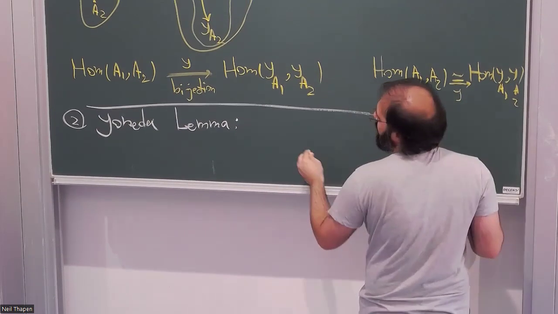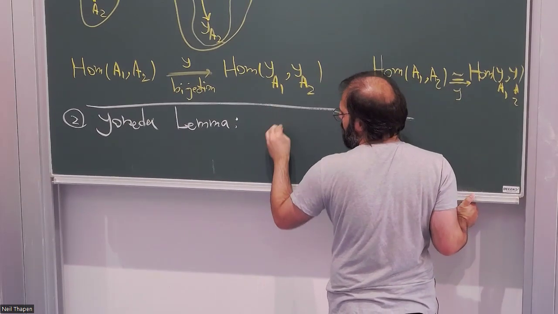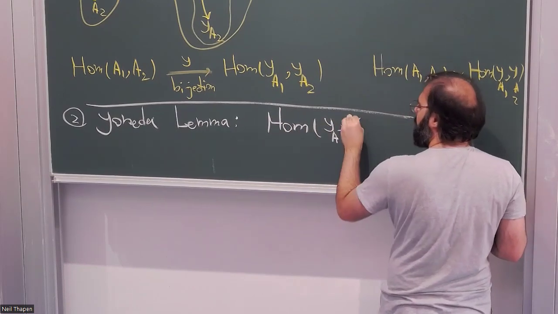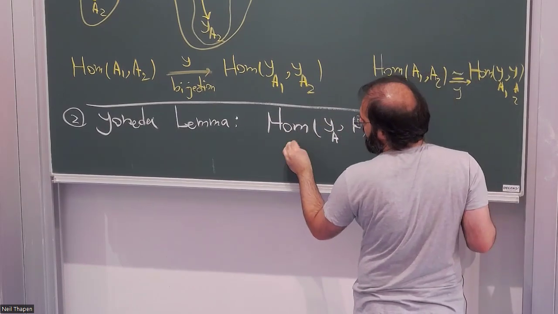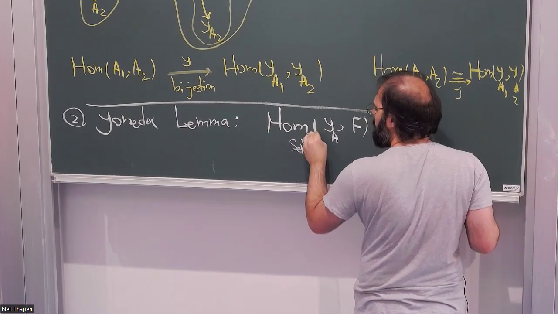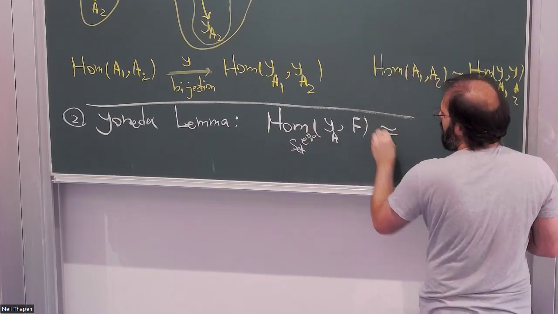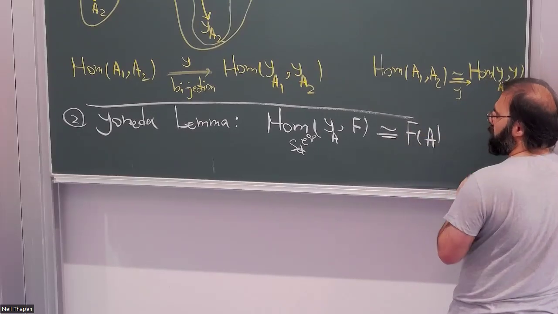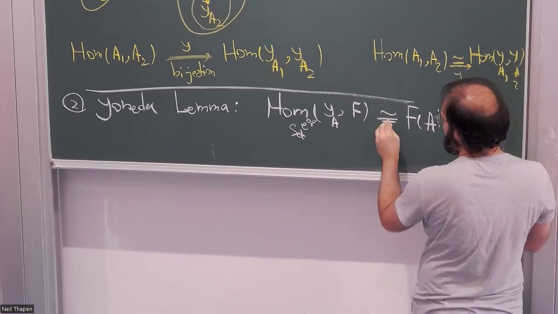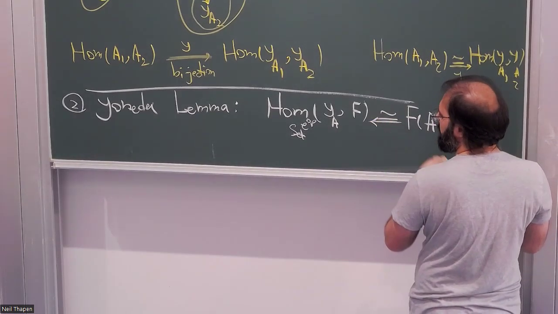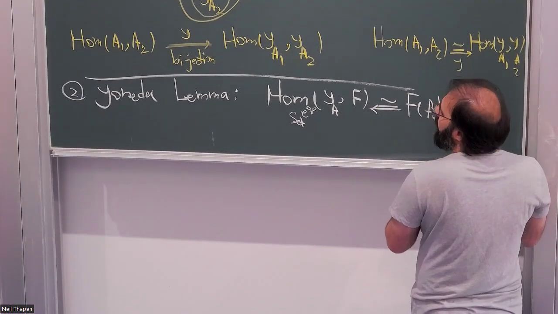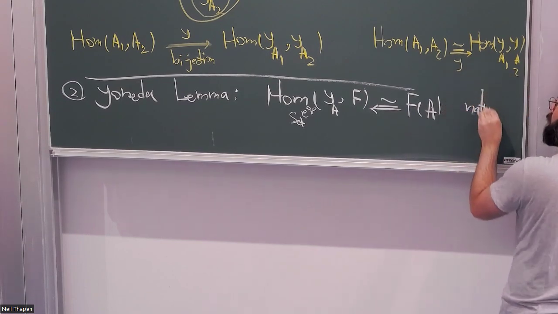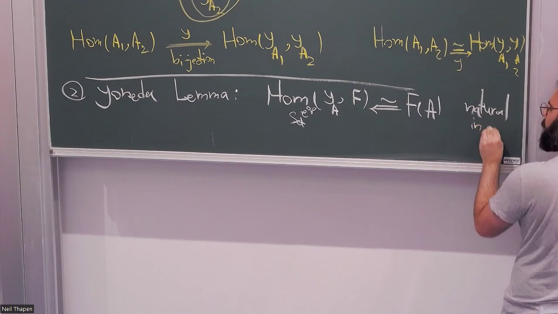It simply says that the form is this: the hom from Yoneda A to F in set to the C opposite is just equivalent with F of A, and the description of the map here is something that I will explain. And then it is natural in A and F.